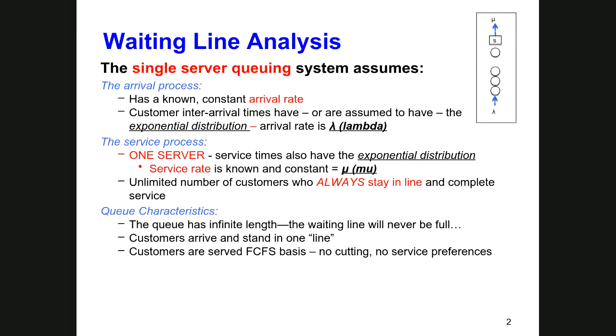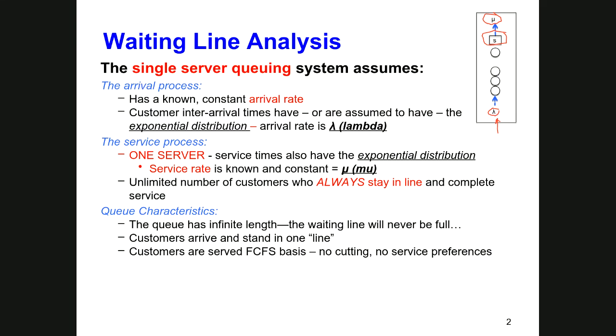We had a single server queuing system where we had one server, and our customers entered the system at rate of lambda. The probability distribution of the time between arrivals was exponential, and then customers departed our system at rate mu, and again the service times also had the exponential distribution.